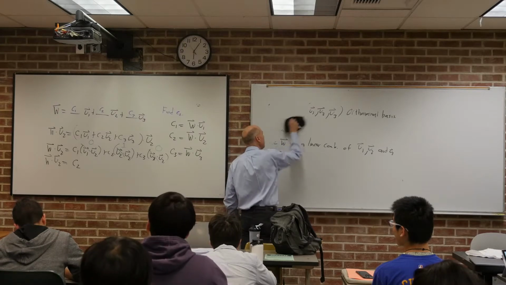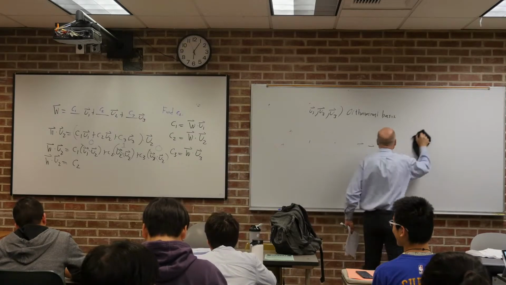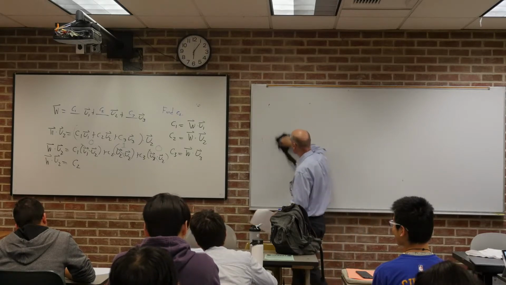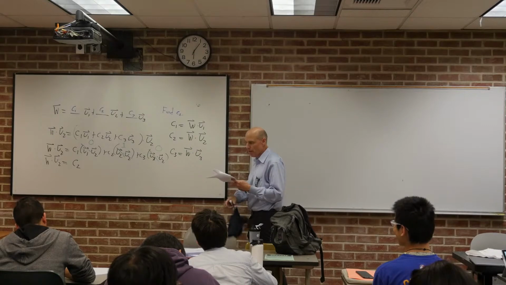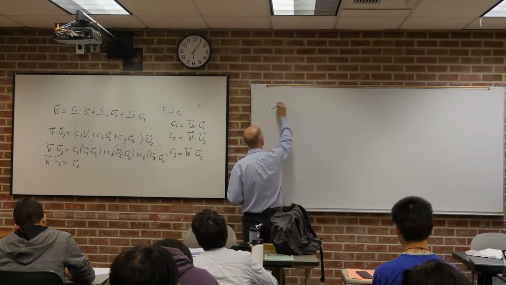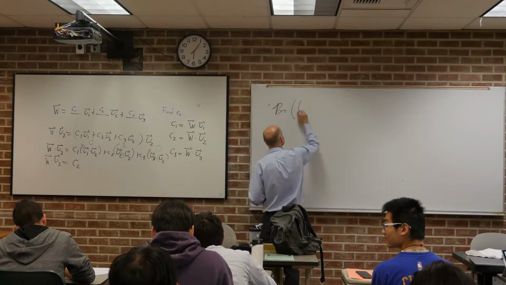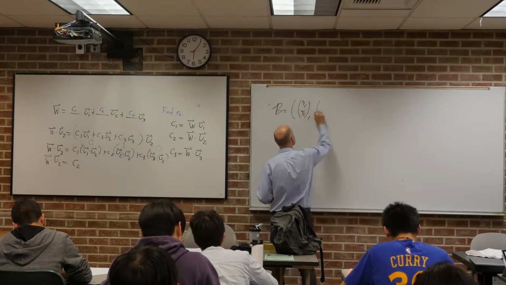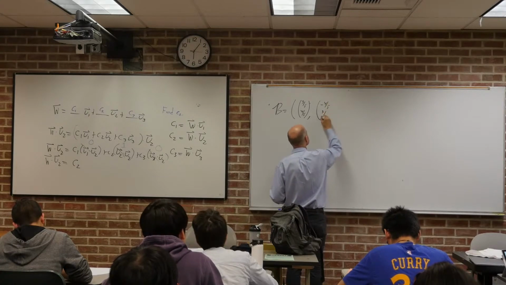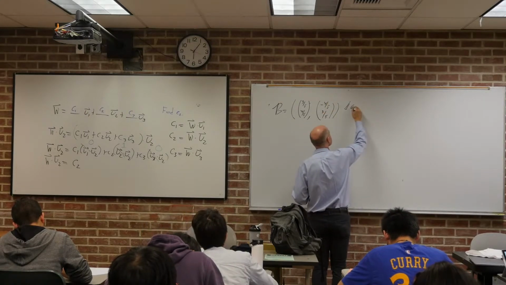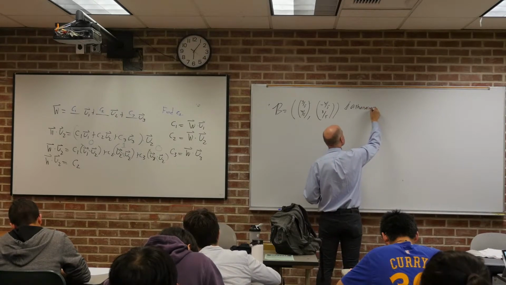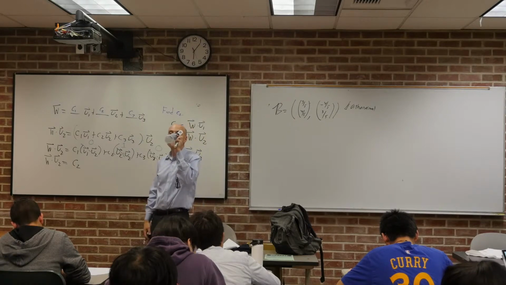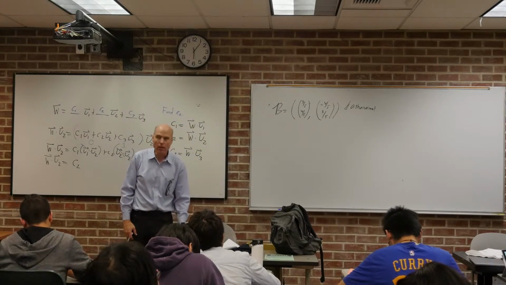Let's do an example with this. Out of all those great things I showed you about dot products, I think this is even better than all of those. Okay, so I'm going to give you a basis.